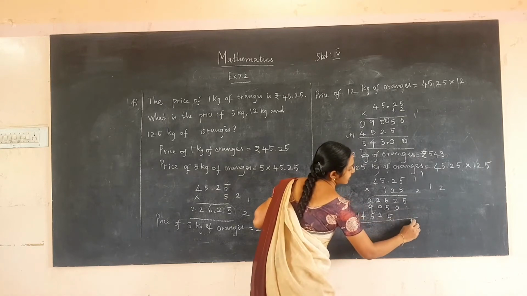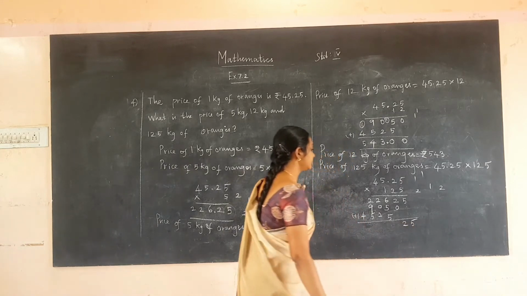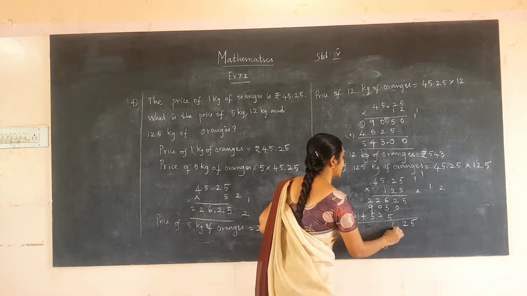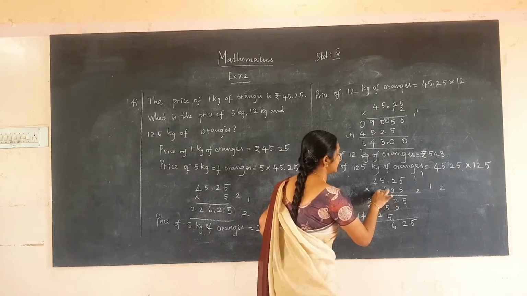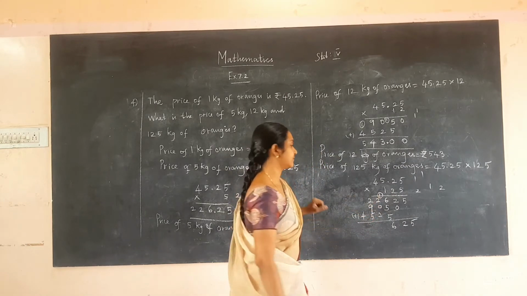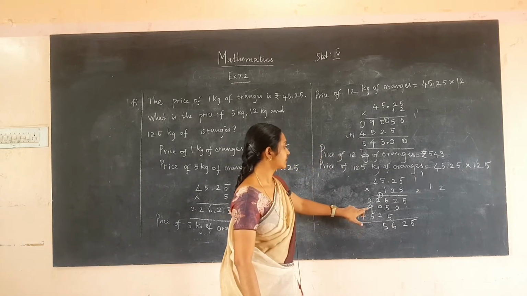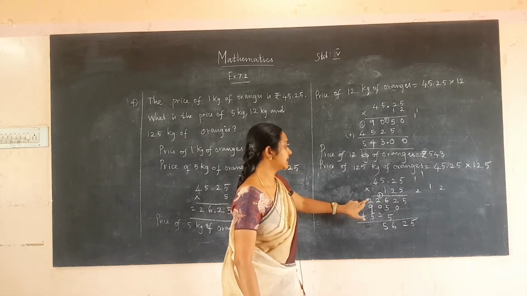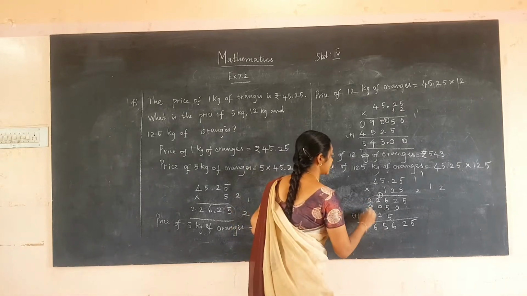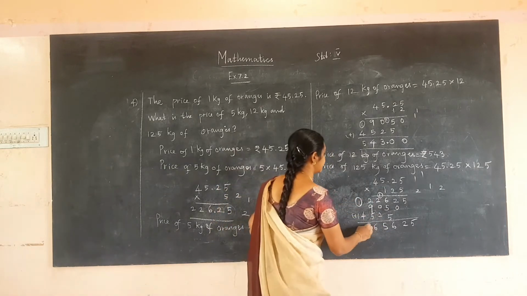Now we have to add all these numbers. Here we don't have any number, so write 5 as it is. 2 plus 0 is 2. 5 plus 5 is 10. 10 plus 6 is 16. So write 6 here and 1 is carried to next place. 2 plus 2 is 4. 4 plus 1 is 5. Nine plus 2 is 11. 11 plus 5 is 16. So write 6 here and 1 is carried to next place. 4 plus 1 is 5.